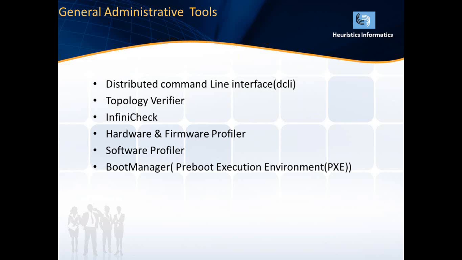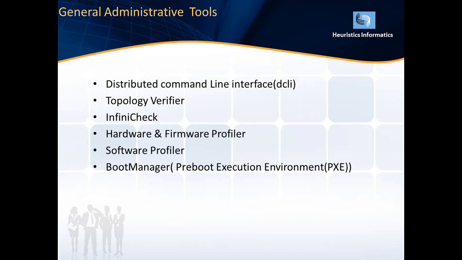And the first one is the distributed command line interface. Say I have 30 compute nodes, which is equal to 30 standalone servers. If I need the output of one command across all 30 compute nodes, that would be a hectic task, and firing a single command across all compute nodes by doing SSH would be a critical task. Therefore, Oracle has come up with a solution, the DCLI command line interface.